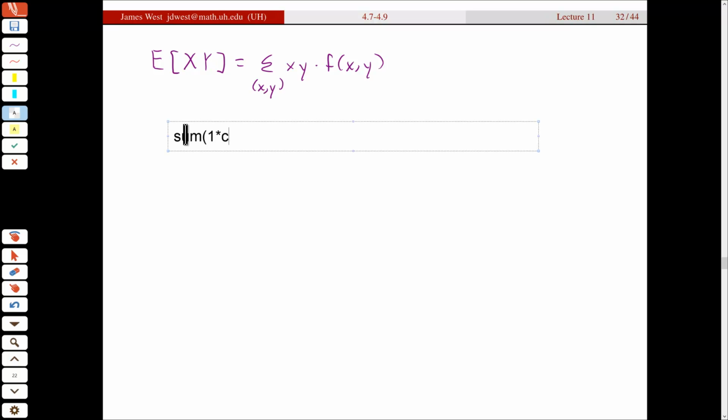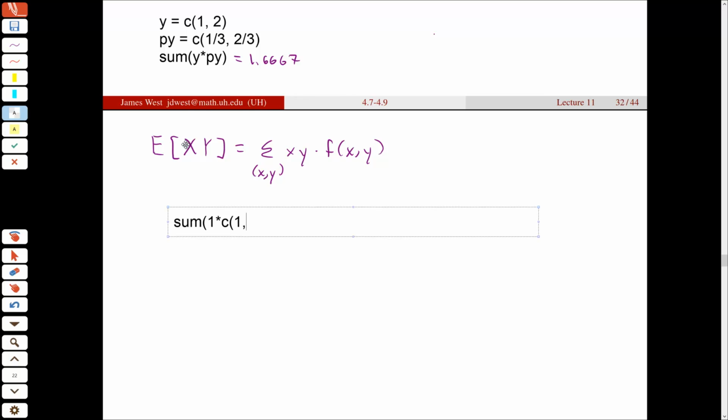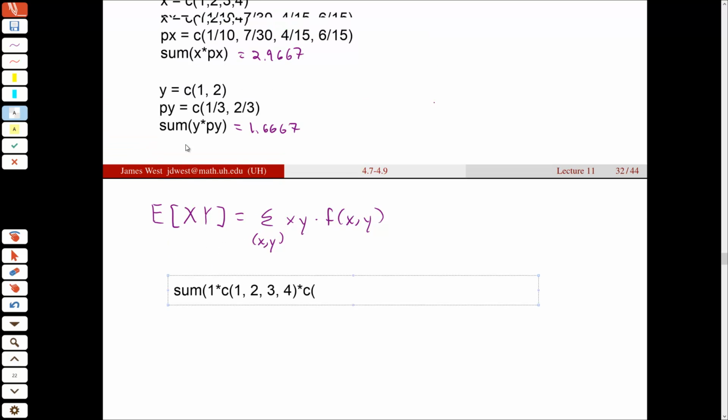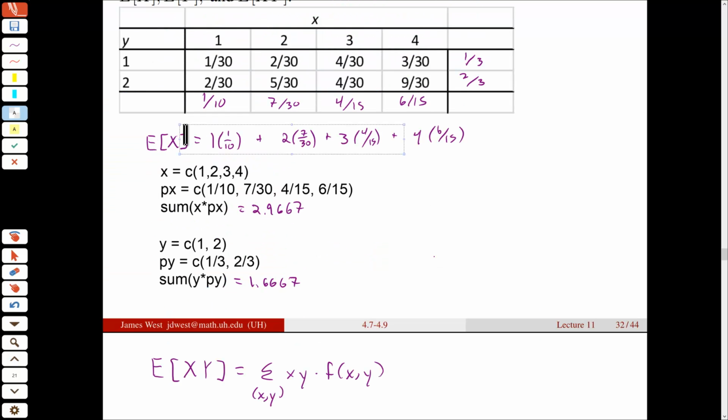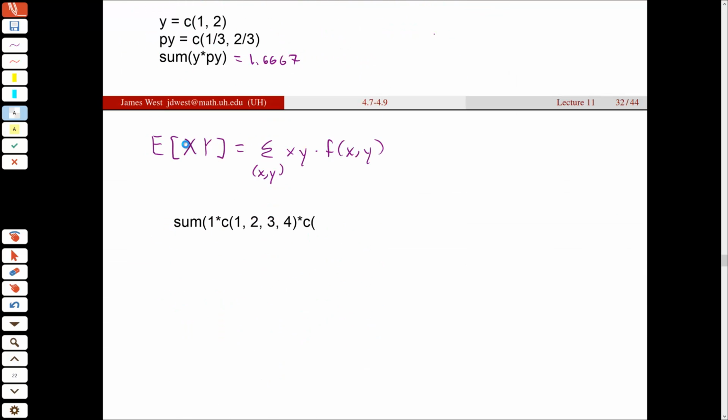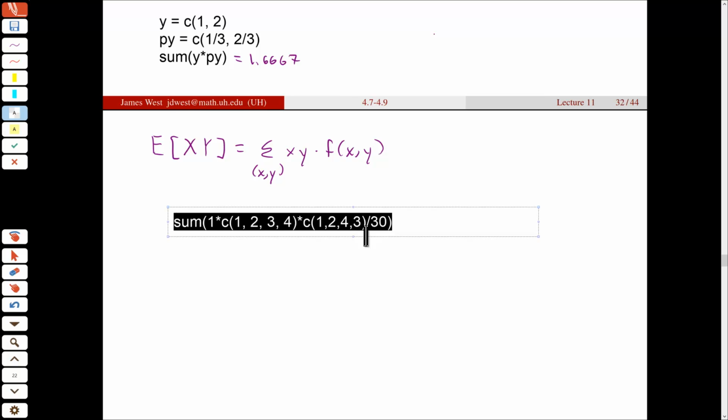The x values are 1, 2, 3, and 4, and the probability values are 1/30th, 2/30ths, 4/30ths, 3/30ths. So what I'll do is I'll write 1, 2, 4, 3, and then divide the whole list by 30. And this would give me the sum over the first row.